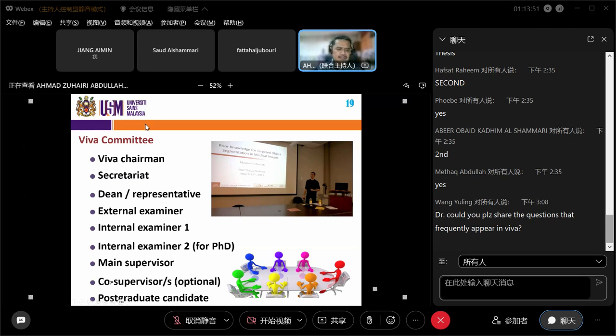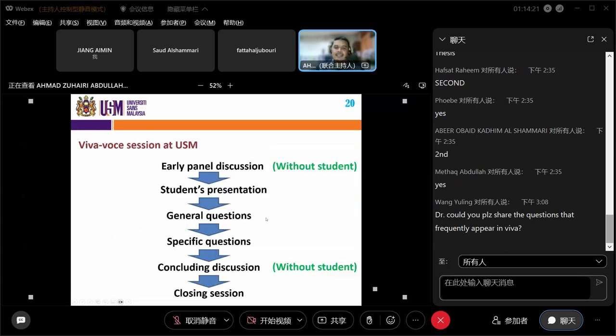Because main supervisor, he or she is on your side, and probably some university think that they should not be there because it is actually the event between the examiners and the student. So because of that, the supervisors are not really allowed to be in the Viva room. But here in USM, they are allowed. So deemed representatives usually they are not really involved, but sometimes yes, they can be involved and their opinion could be critical still.